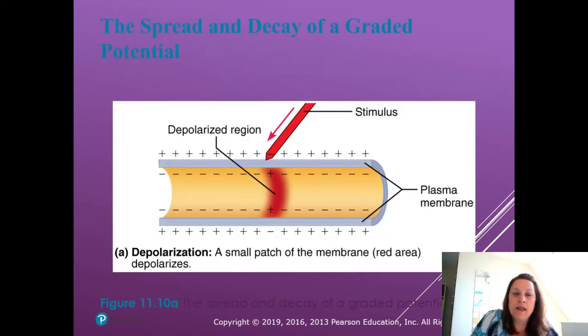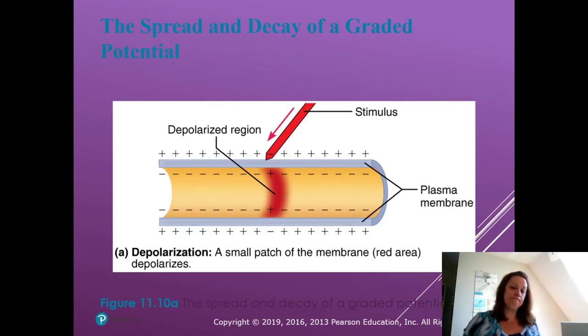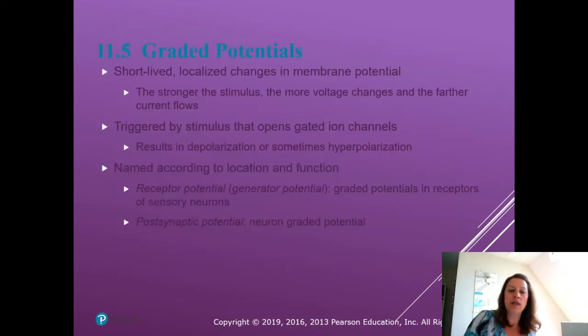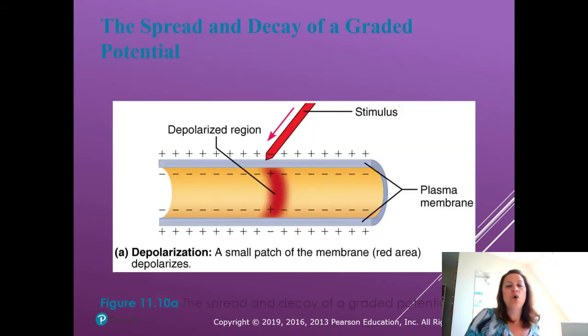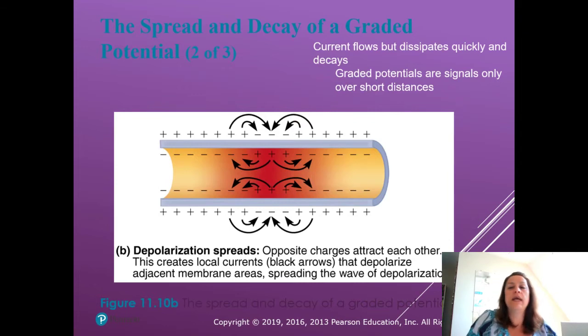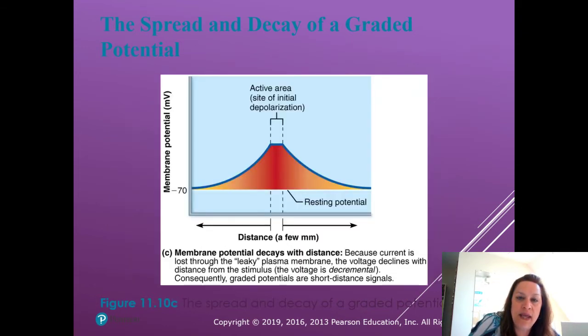And now we're going to go through this process. So we can either have graded potentials or we can have action potentials. The graded potential is going to be short-lived, local, little tiny postsynaptic potentials. What we want to really focus on is the action potential, which we will pick up with on video 11B.